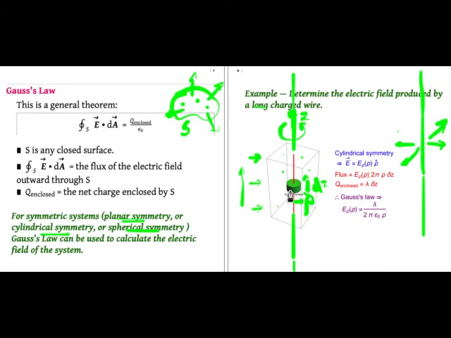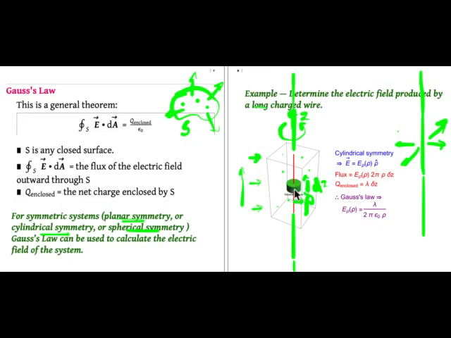And at any point on the side of the cylinder, the electric field is perpendicular to the area at that point. So the flux will just be the electric field value times the area. And when you integrate over the whole surface, I'll just get the area of the whole surface.